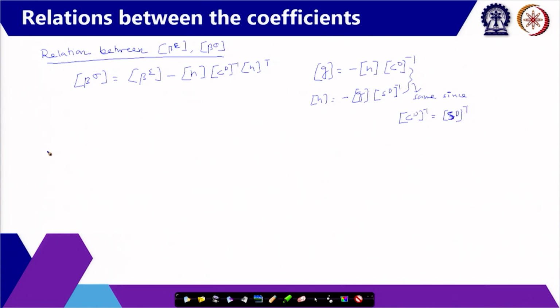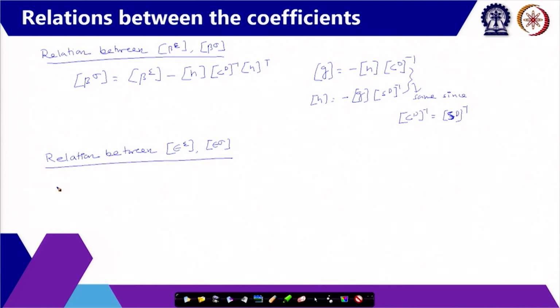Now, we can find the relation between epsilon and epsilon^sigma, and again that will help us relate e and d also.